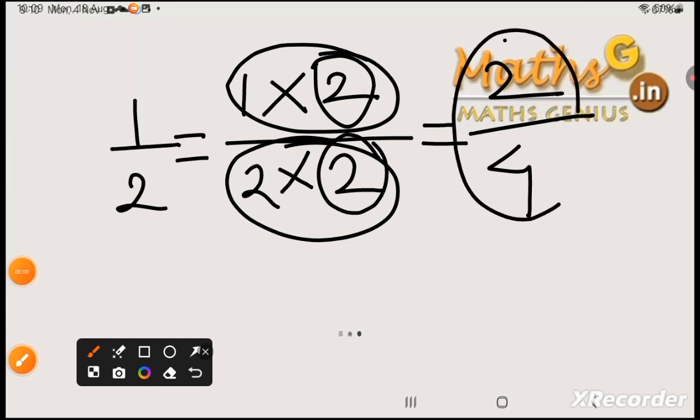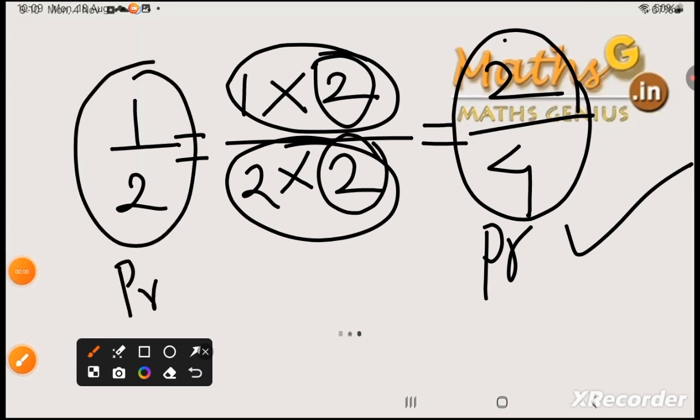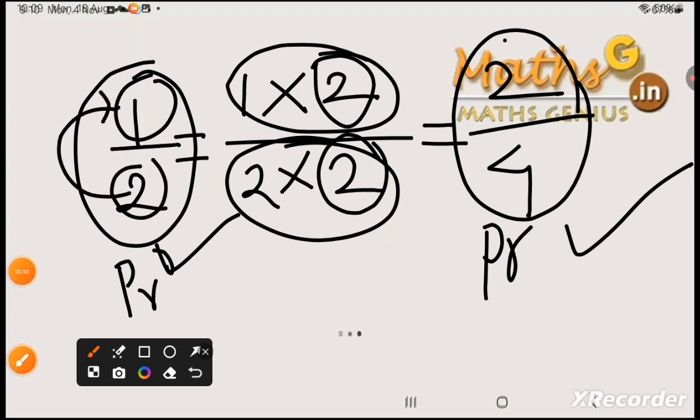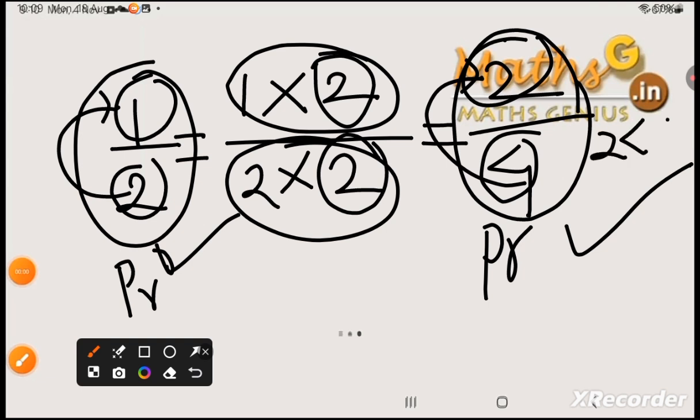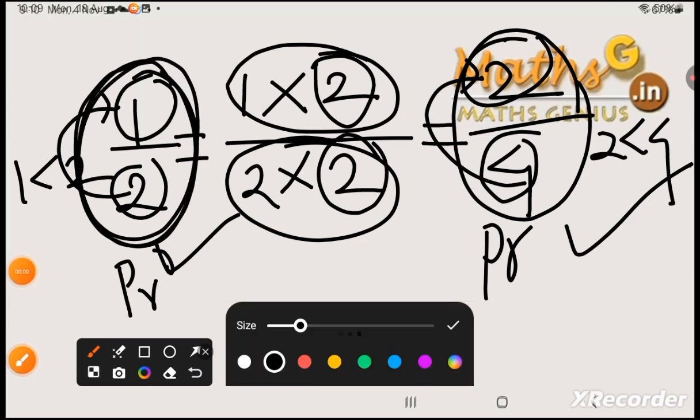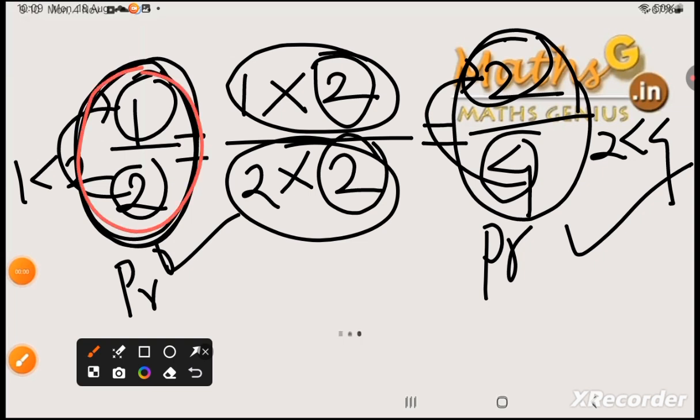Now is this fraction 2 by 4 a proper fraction? Yes. Is 1 by 2 a proper fraction? Yes. Why? The numerator is lesser than the denominator. 2 is lesser than 4, 1 is lesser than 2. So 1 by 2 and 2 by 4 both are proper fractions.